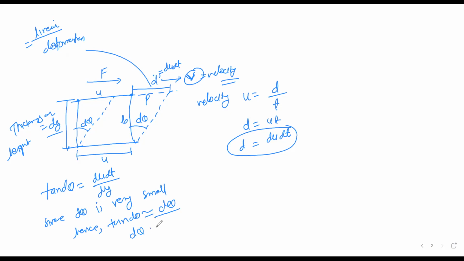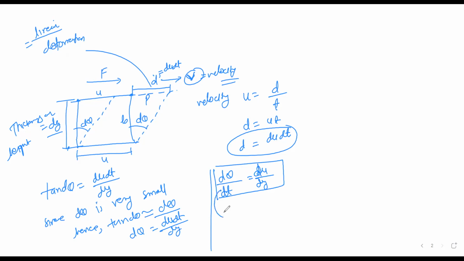So d theta is equal to du into dt divided by dy. So d theta by dt must be equal to du by dy. It's a very important result that I got from here.